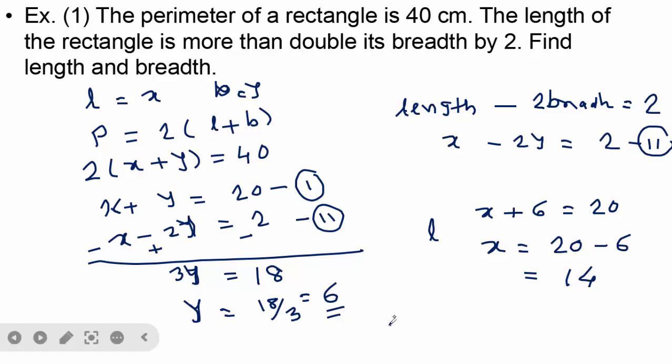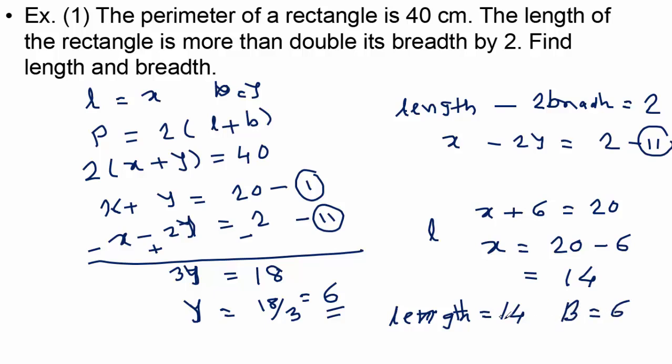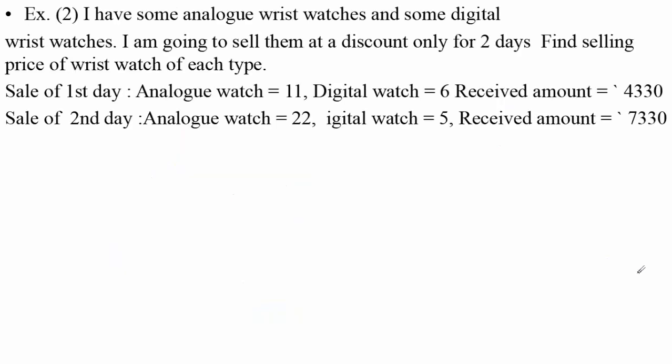Therefore, length is 14 and breadth is 6. See, length is double the breadth, 12, and plus 2, and 14 plus 6 is 20, and twice of that means perimeter is 40.